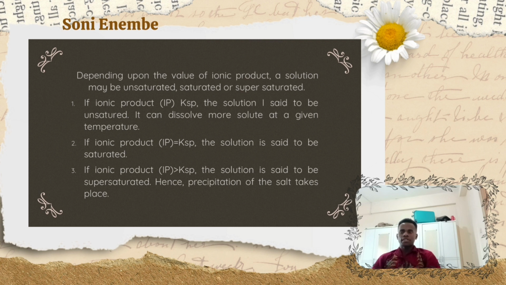If the ionic product equals Ksp, the solution is said to be saturated. 3. If the ionic product is greater than Ksp, the solution is said to be supersaturated and precipitation of the salt takes place.